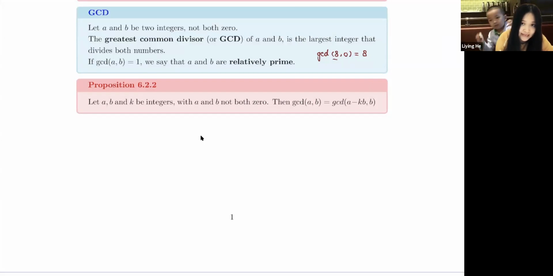So that's why we cannot have GCD of 0 and 0, but we can have GCD of another number and 0, because any number divides 0 except itself. Does that make sense? That's a common mistake. That's why I wanted to mention it. But other than that, it should be okay.